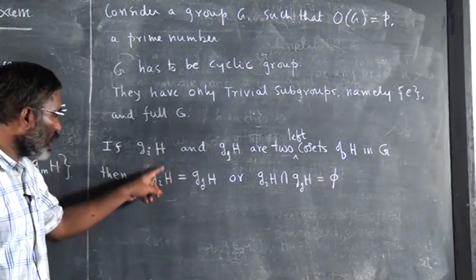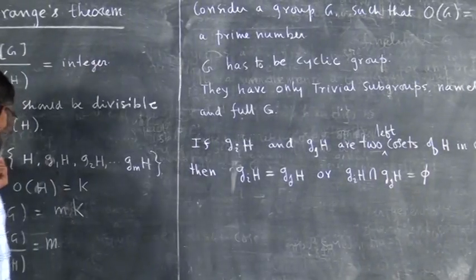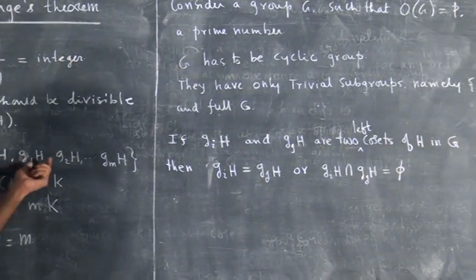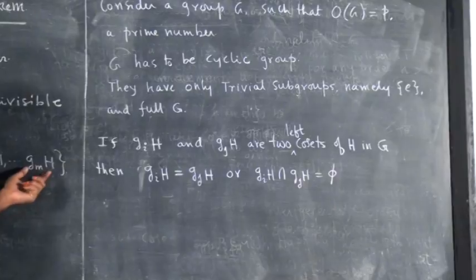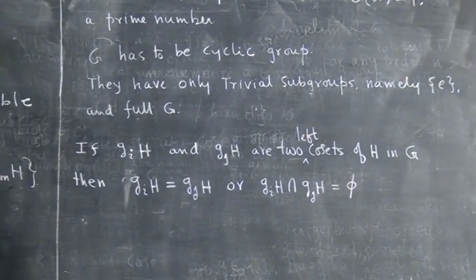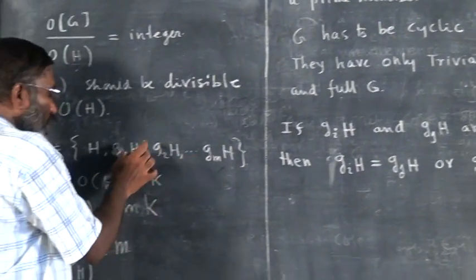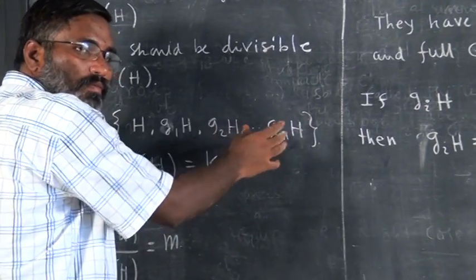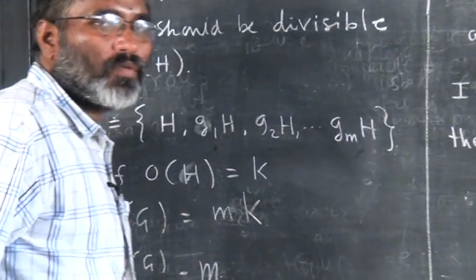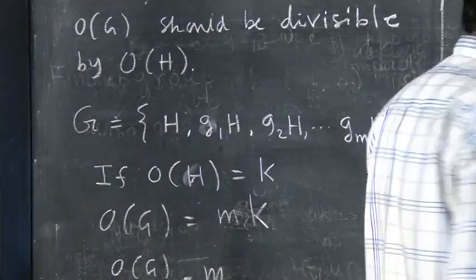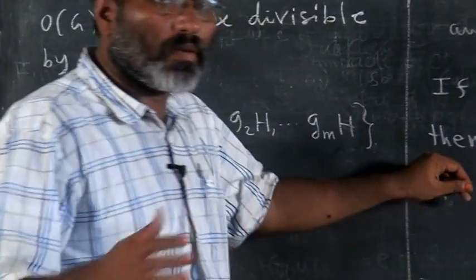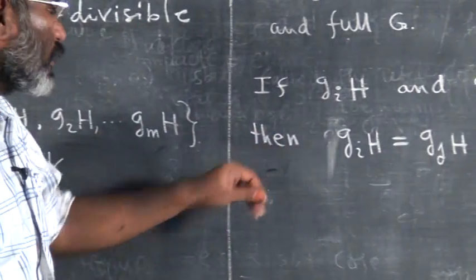Only if we understand this can we use this decomposition of the group in terms of a subgroup and its cosets. Because when I write like this, each one is distinct. There is no overlap between these. So I will leave it for you to prove this. If you have some difficulty, then we can do it in the tutorials.